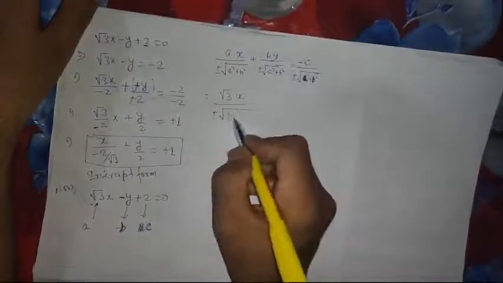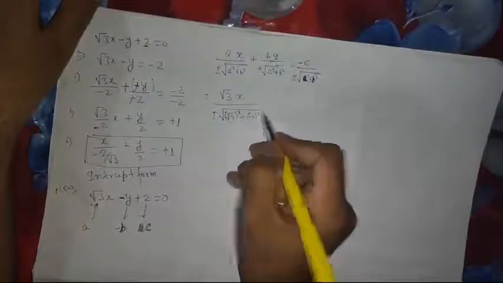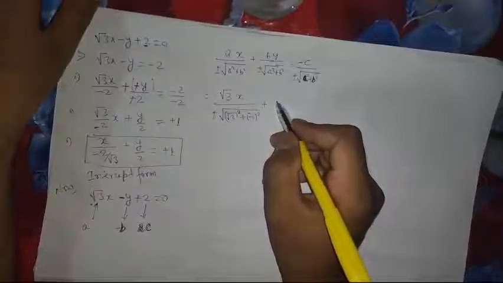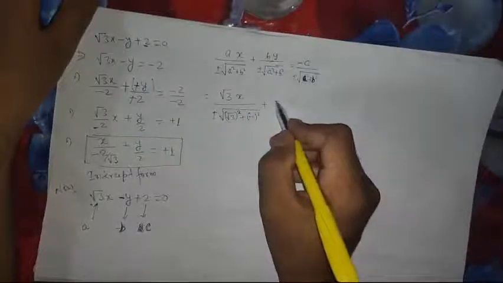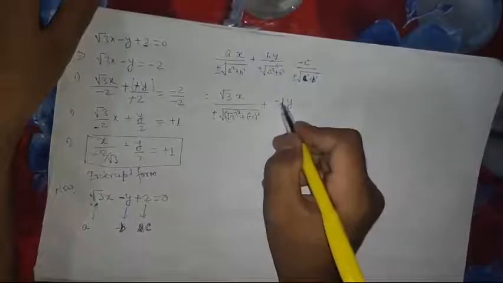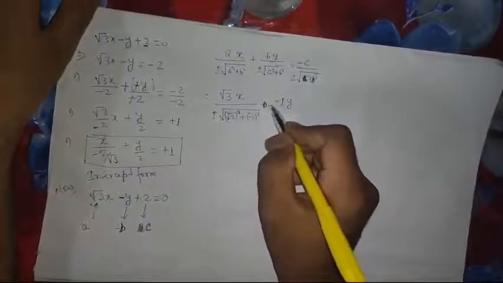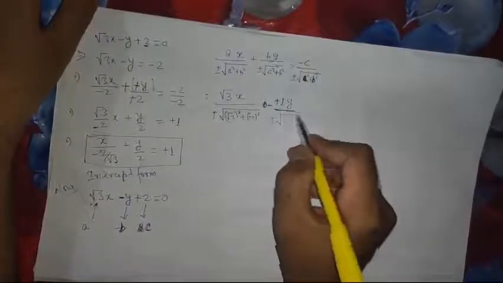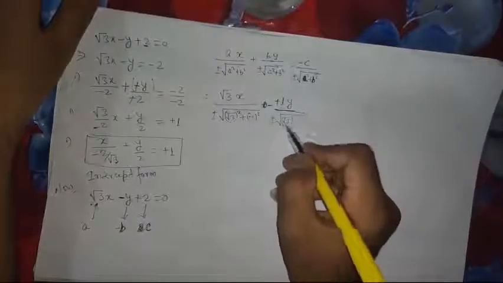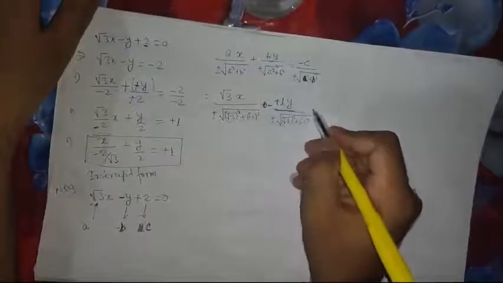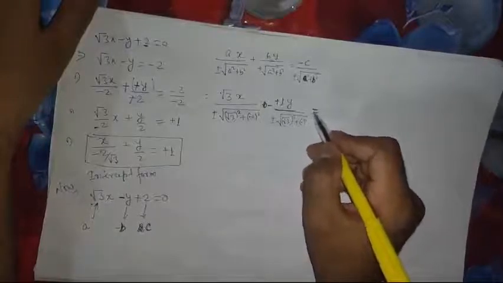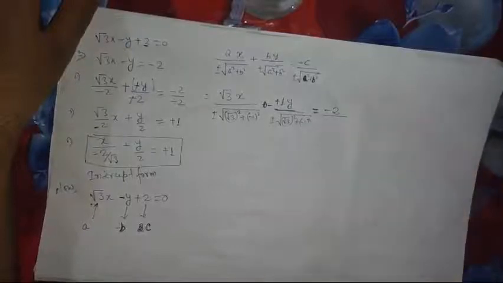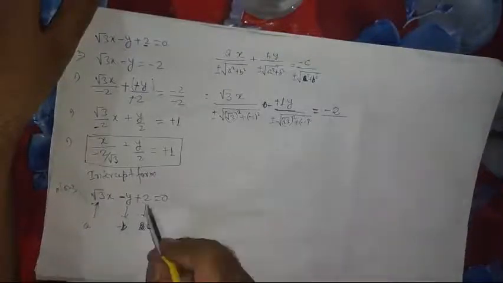A square is root 3 whole squared, b square is minus 1 whole squared. Then by is minus 1 y, divided by plus minus root over of root 3 squared plus minus 1 squared, equal to minus c, which is minus 2, divided by plus minus root over of root 3 whole squared plus minus 1 whole squared.